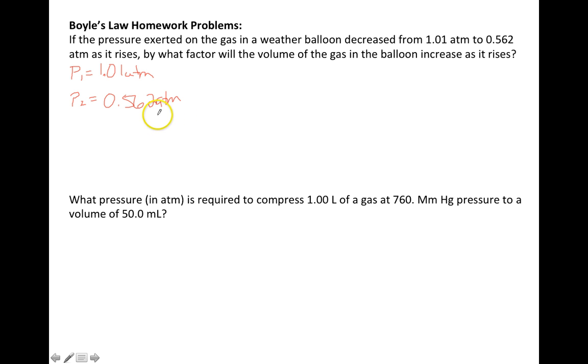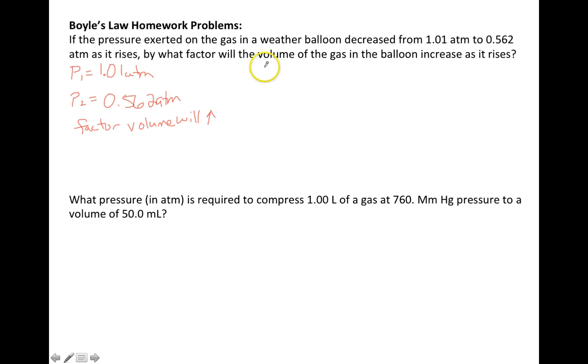So this time we're looking for the factor of the difference between these two, the factor being the ratio. So we're looking for the factor the volume will increase as it goes up.